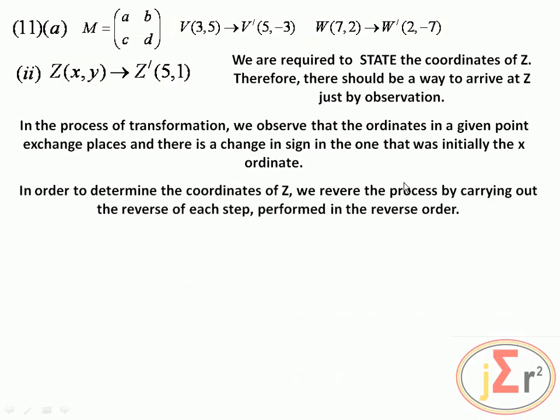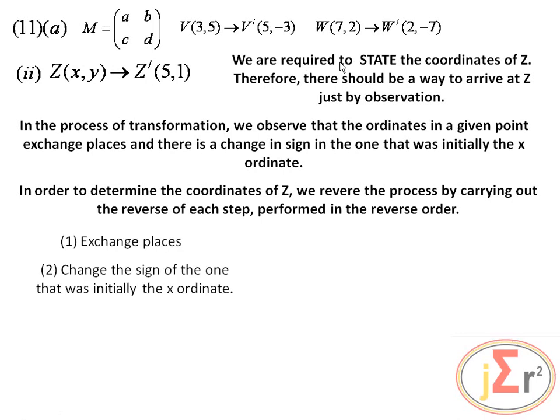In order to determine the coordinates of Z, we reverse the process by carrying out the reverse of each step, performed in the reverse order. What are the steps? Exchange places. That is step 1. Step 2 is what? Change the sign of the one that was initially the x ordinate. How do we do that now? We will change the order here.